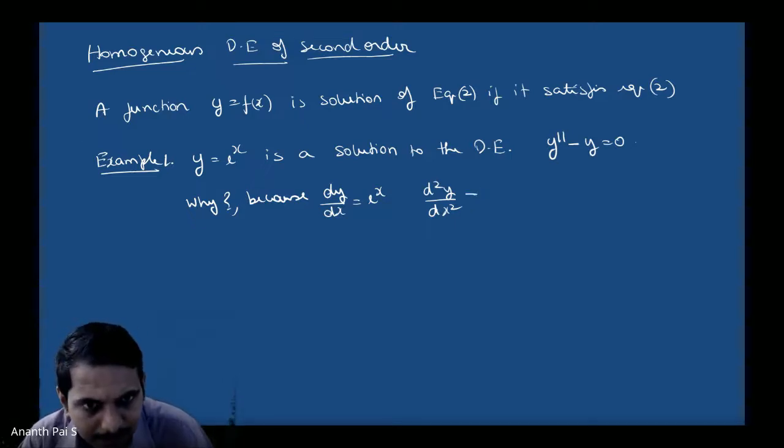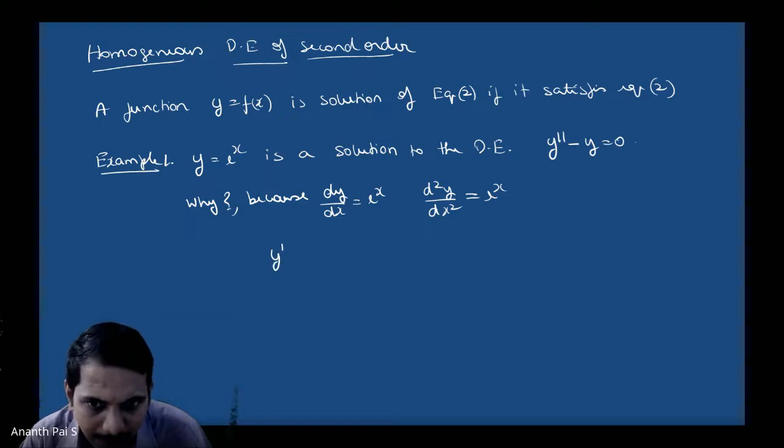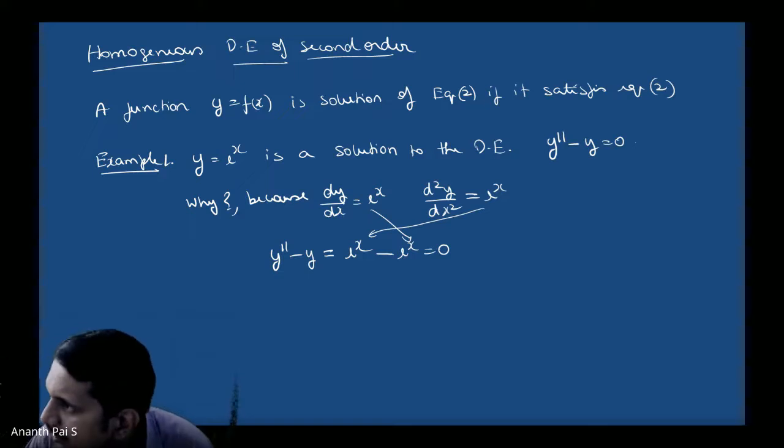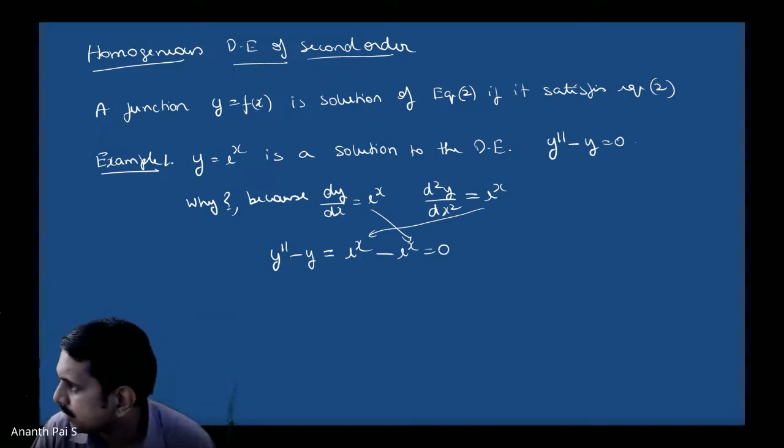Now substituting into the differential equation, y double dash minus y is equal to e power x minus e power x, which is equal to 0. Make sense? When you apply this, you get the solution. So e power x is a solution of the differential equation.